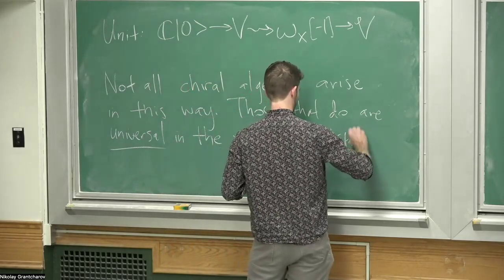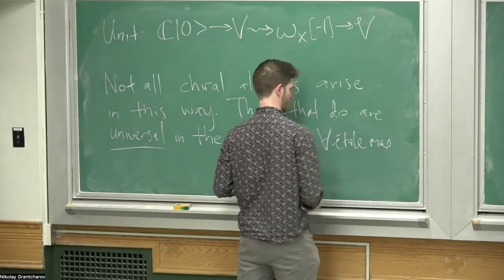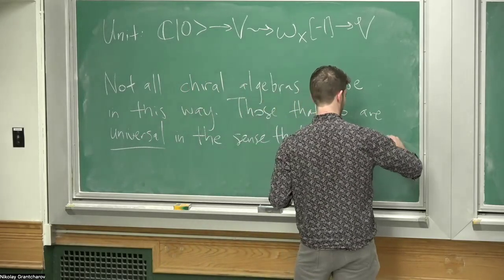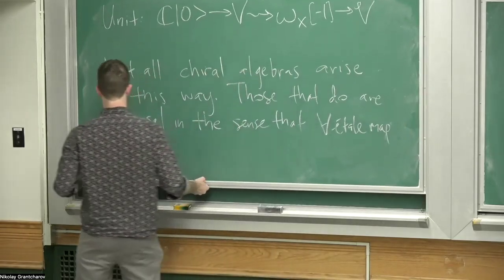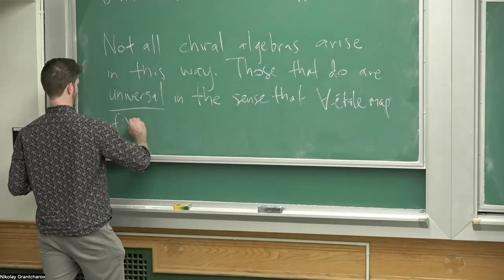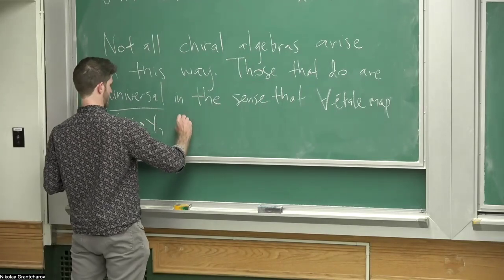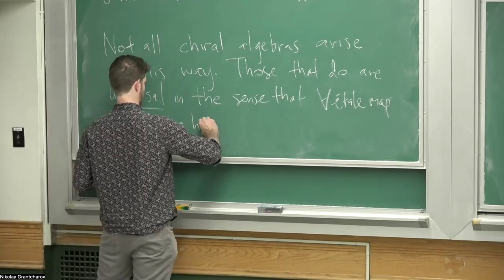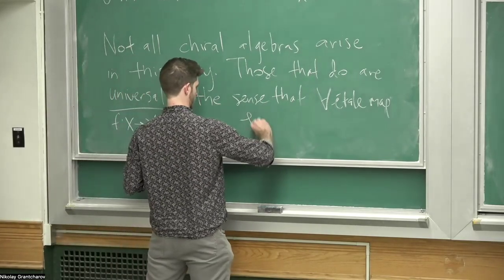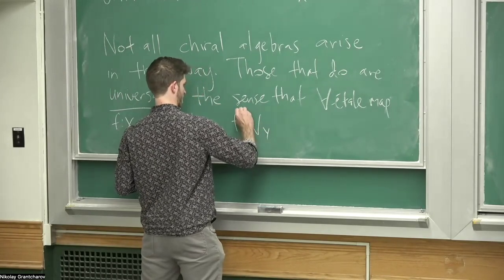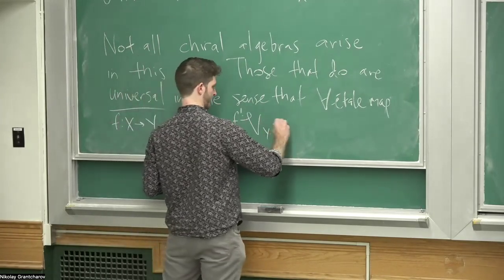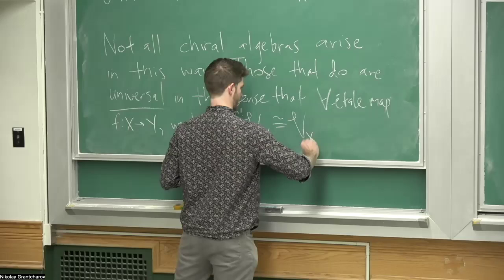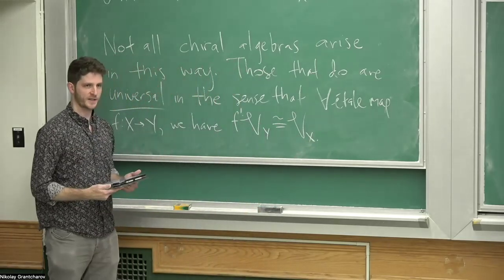Generally chiral algebras will at least pull back nicely under étale maps. So if I have any étale map of curves f from X to Y, I can carry out this construction on Y, and then pull back along f. And this will naturally identify with the construction carried out on X.